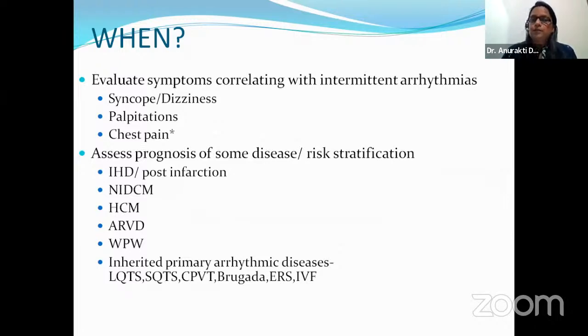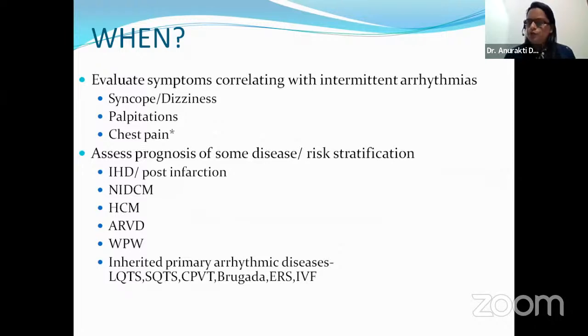But syncope, dizziness, palpitations, first and foremost, what we have been learning from our medical school is history, physical examination, and the basic workup. If that suggests that you can get some extra information from Holter, then yes, you should go ahead. But if the history is quite conclusive of variant angina, would you go for Holter?